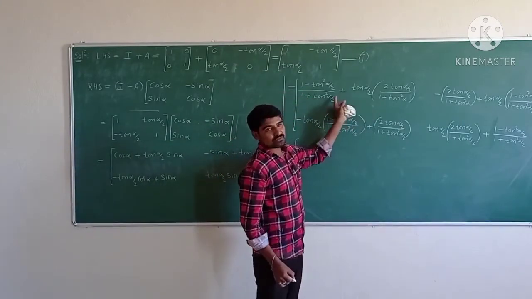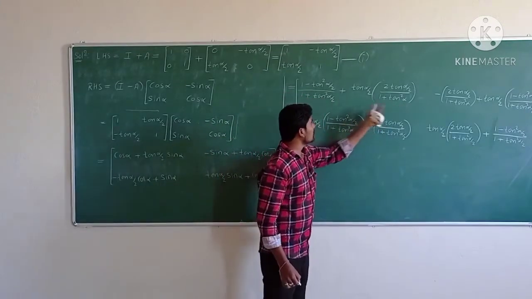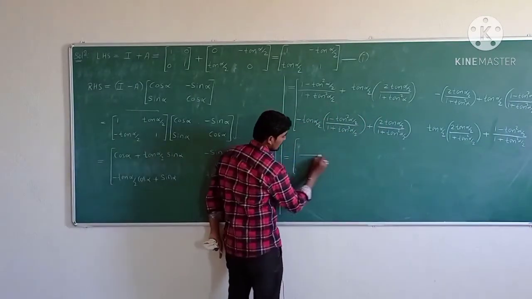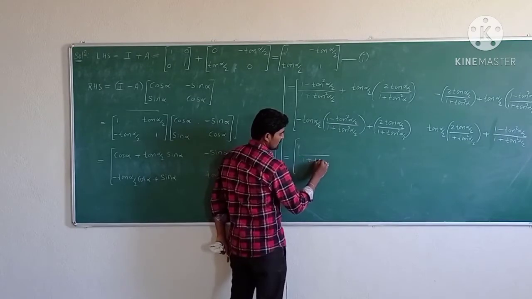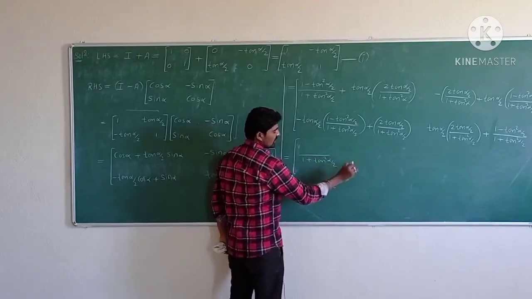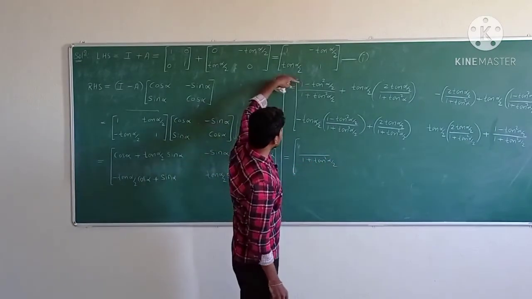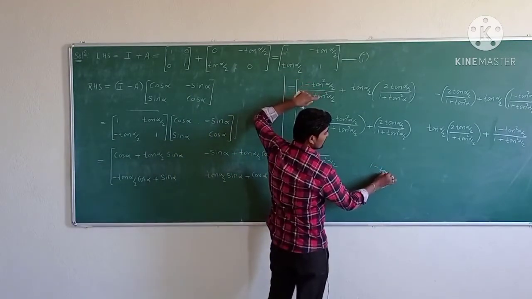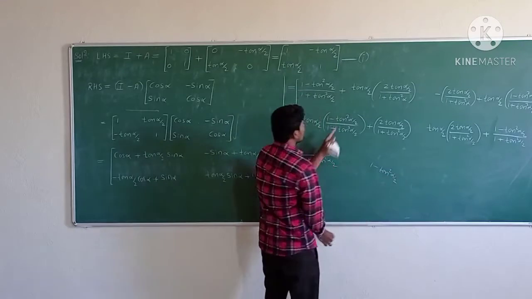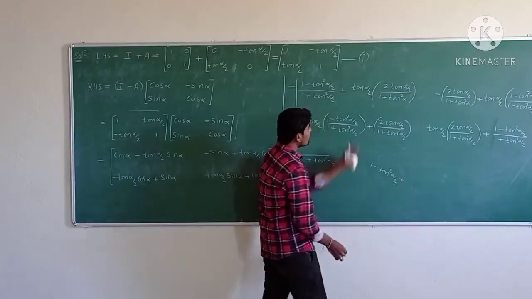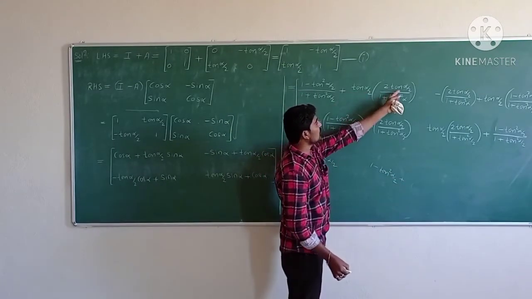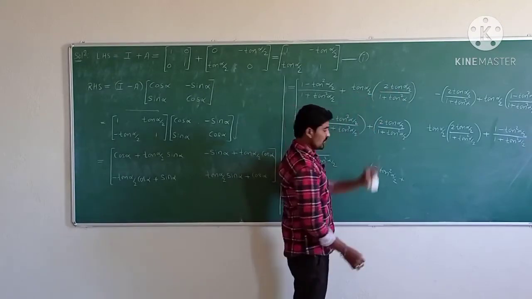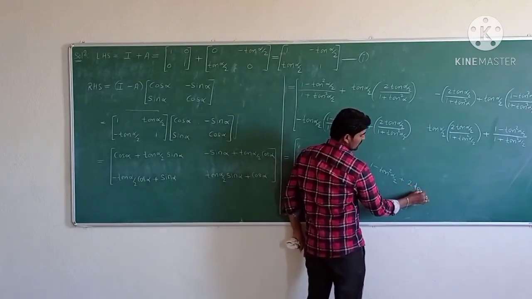Here there are two terms. The LCM is 1 plus tan square alpha by 2. So LCM is 1 plus tan square alpha by 2: 1 minus tan square alpha by 2 plus 2 tan alpha by 2 into tan alpha by 2, so 2 tan square alpha by 2.